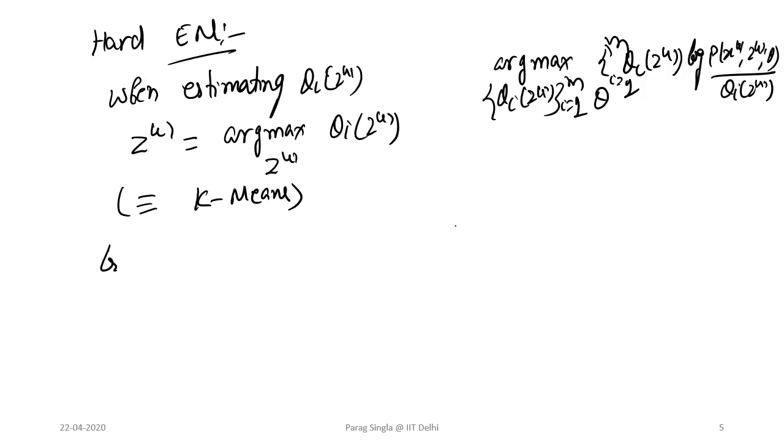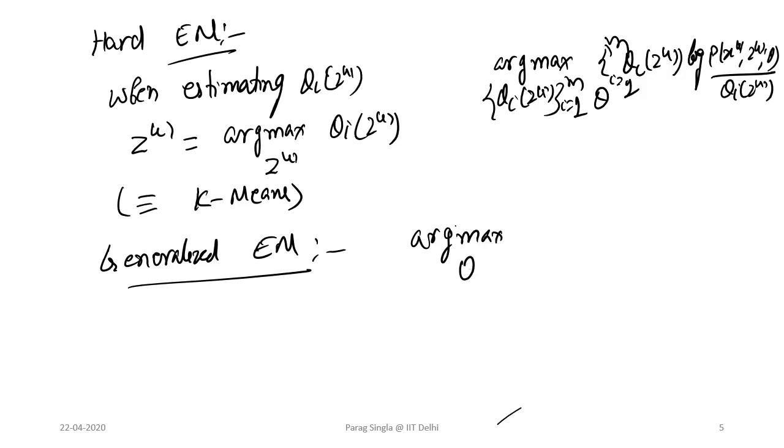There is also something called generalized EM, or generalized expectation maximization, where in the M step, when you do argmax over theta of L'(theta), I'm just writing this in the form of L'(theta), then instead of doing the full argmax, you don't optimize it fully, but only optimize it for a few steps.